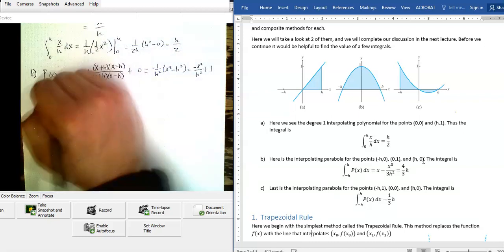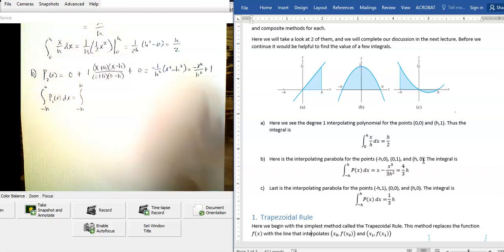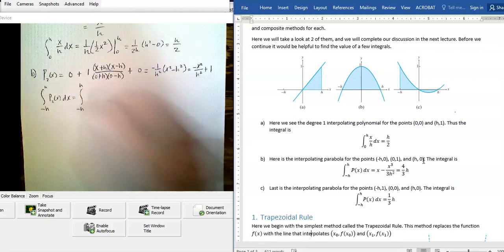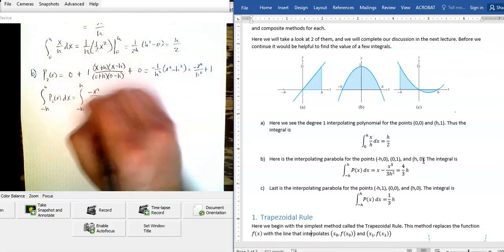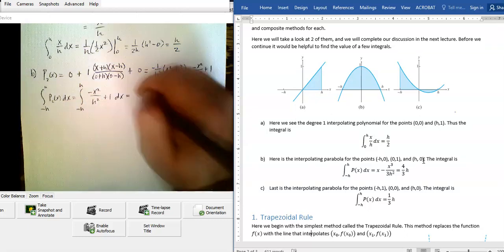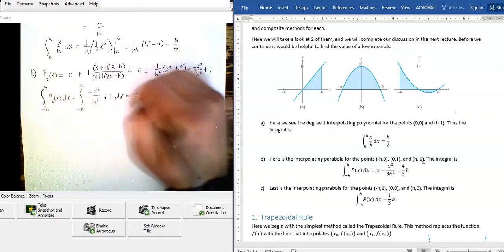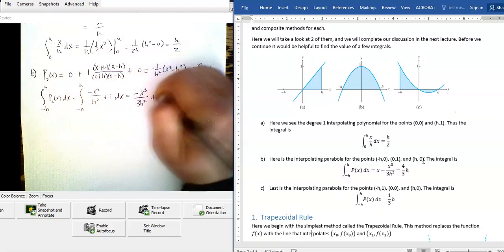So the integral from negative h to h of this function is the integral from negative h to h of this guy here, which is negative x cubed over 3h squared plus x.